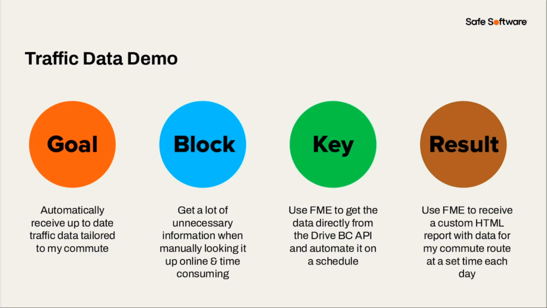So the key here is I'm going to use FME to get the data directly from the Drive BC API, and then I'm going to automate it on a schedule to send myself a custom HTML report with the data for my commute home at a set time each day. So let's jump into the demo.